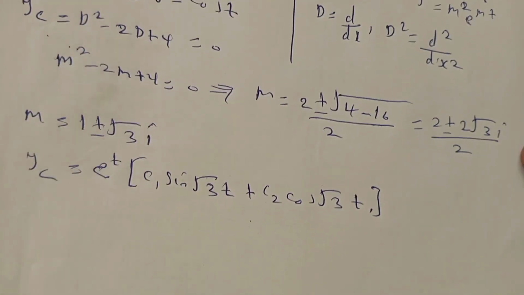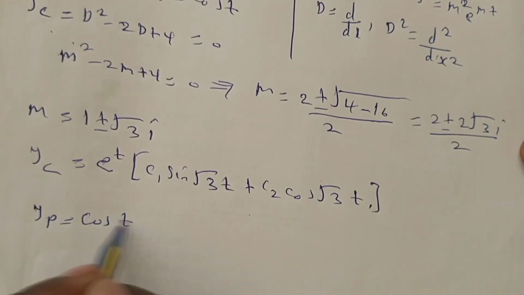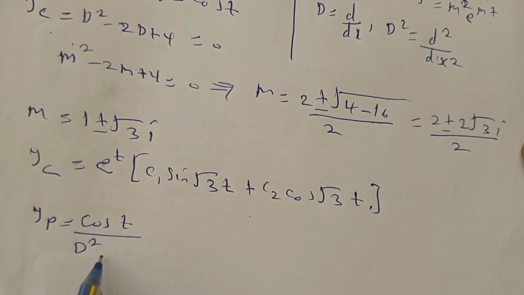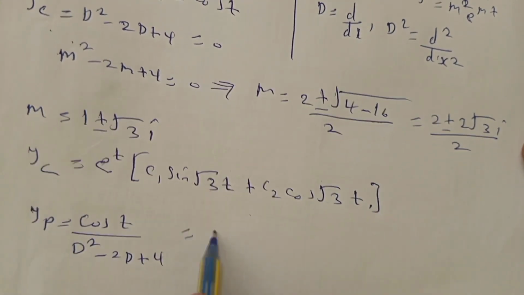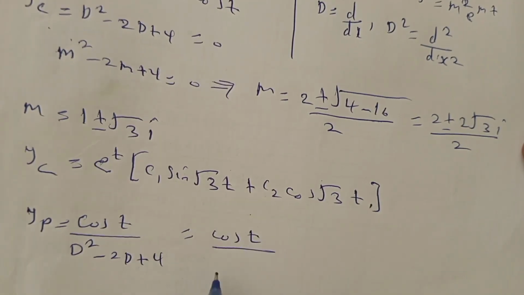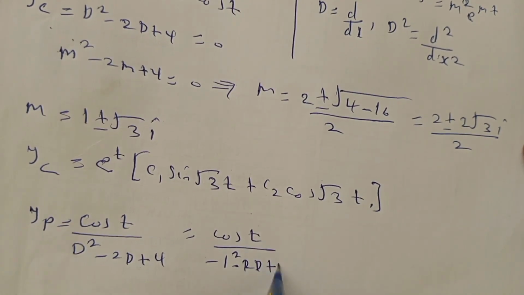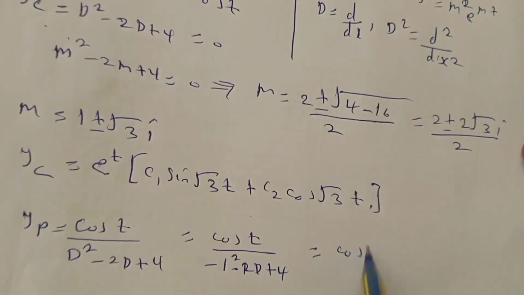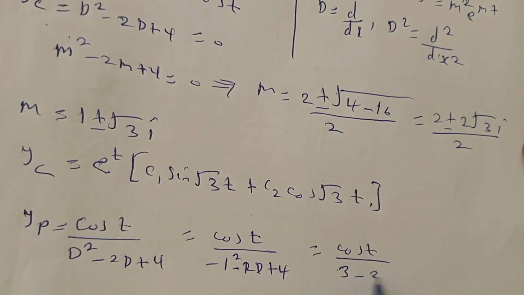Then we jump to our y particular. Y particular will be given by cos of t divided by D squared minus 2D plus 4, which is equal to cos of t divided by 1 squared minus 2D plus 4. This is equal to cos of t divided by bracket 3 minus 2D.